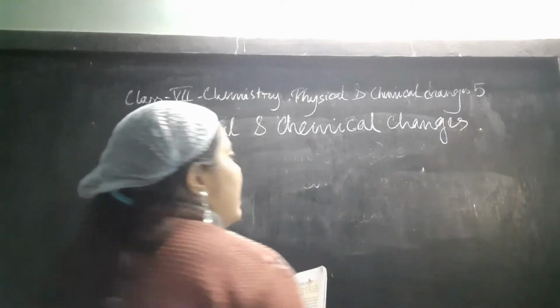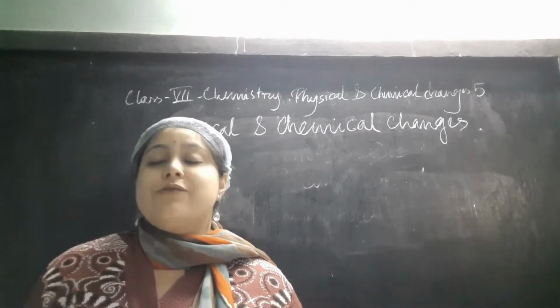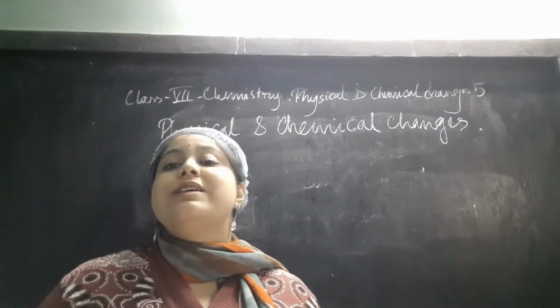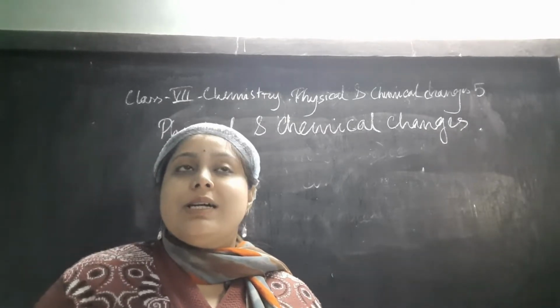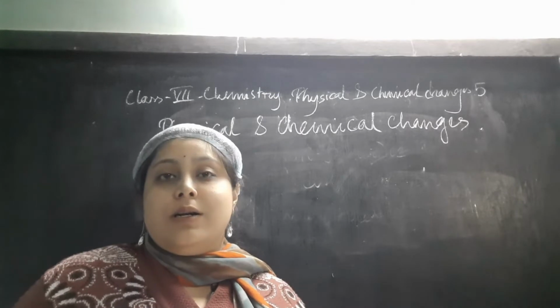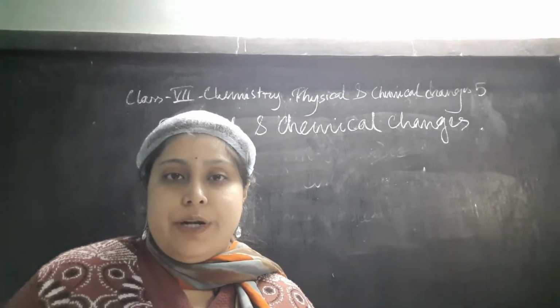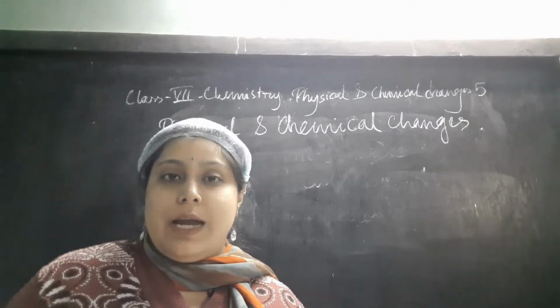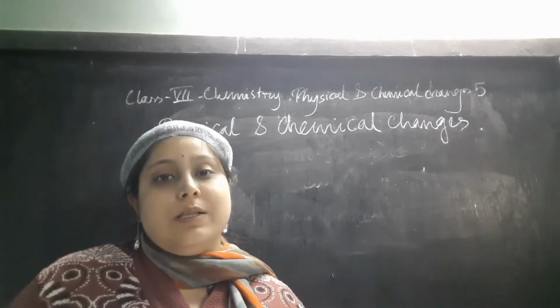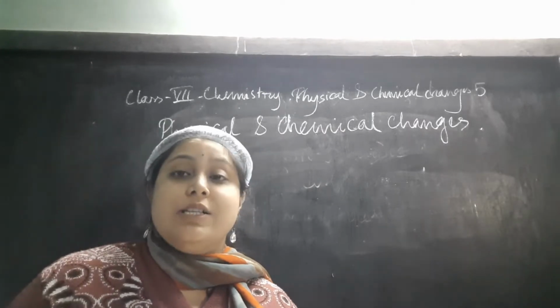Physical and chemical changes. Okay, so the first thing that you have to learn is what a physical change is. A physical change means a change in state, a change in color, a change in smell. So these are the physical properties that can be seen from the outside. The change of these physical properties will be called a physical change.